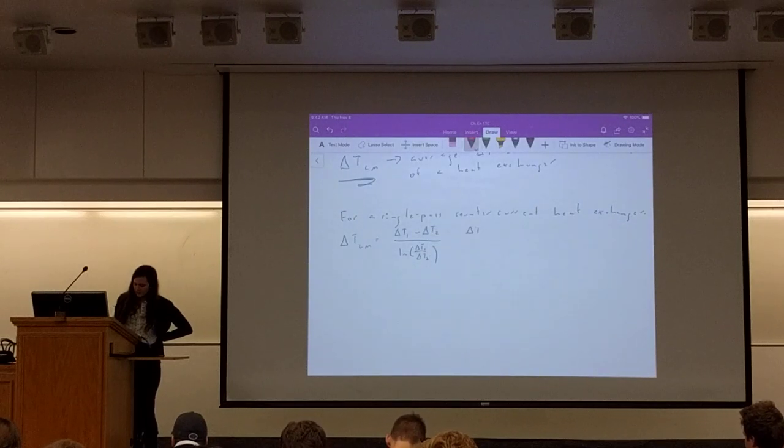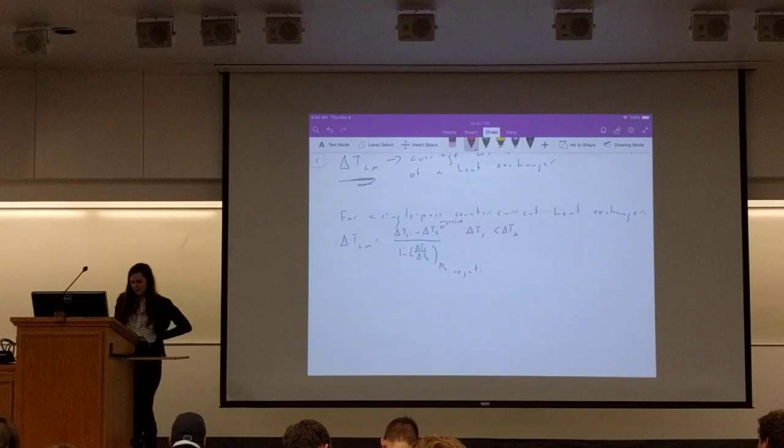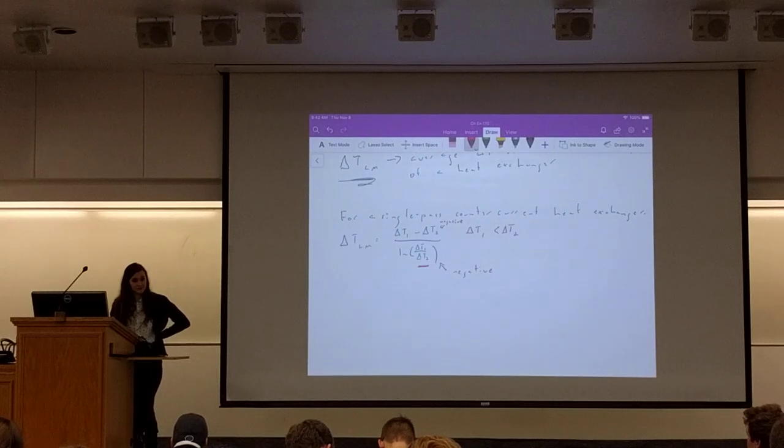If your delta T1 is smaller than your delta T2, then on top here, this will be negative, because you'll have a smaller thing minus a bigger thing. And then this will be negative, because you'll have a natural log of a number less than 1. Okay, so negative on top, negative on bottom turns into a positive.